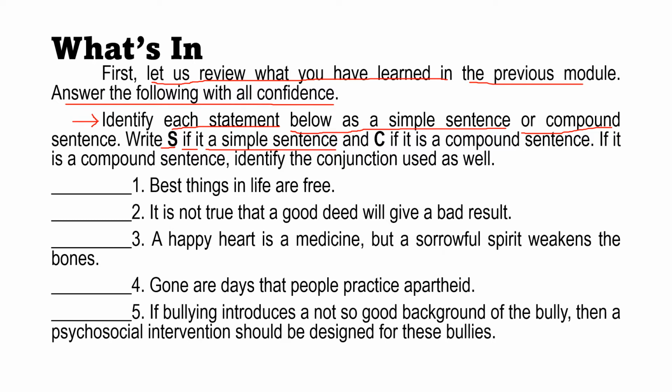If the given is a simple sentence, you need to write S, and if it is a compound sentence, you need to write C. If it is a compound sentence, you need to identify the conjunction used as well. There are 5 sentences given, and you need to identify whether they fall under simple or compound sentences.